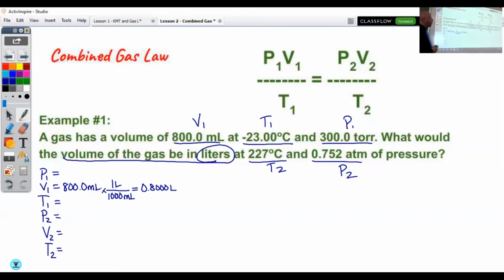Next one, our temperature of negative 23 degrees Celsius. So you may recall me saying in our previous video multiple times that we're not able to use temperature in units of Celsius. So we have to add 273.15 in order to convert that to Kelvin.